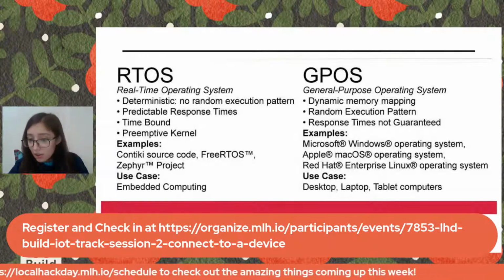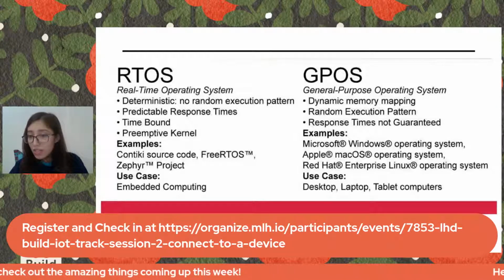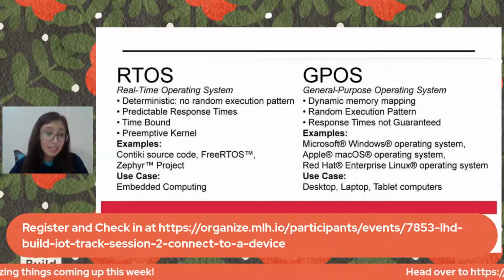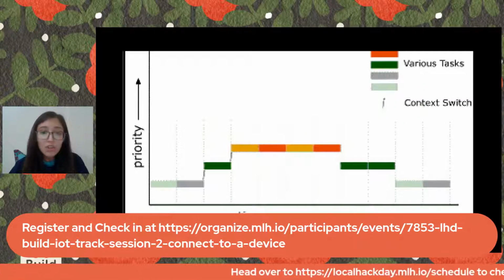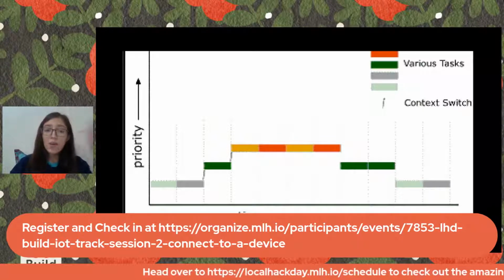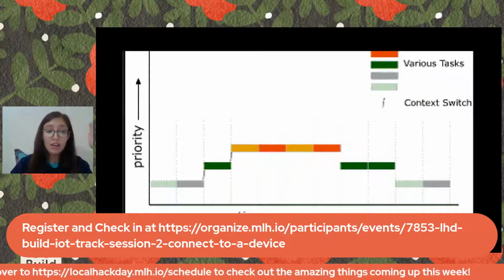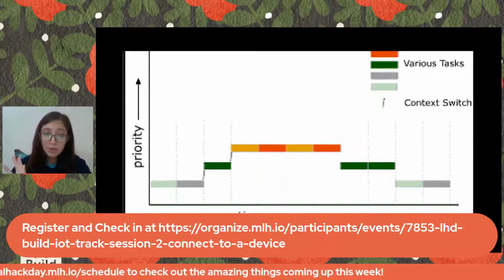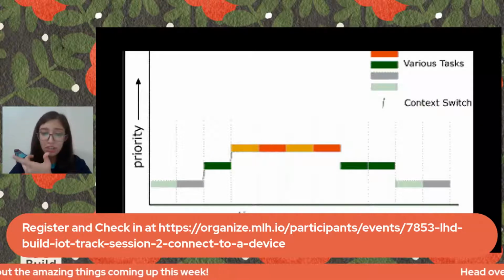Okay, so no questions for RTOS versus GPOS. That's great. So this is basically a chart I wanted you to have a look at. It's a priority chart. This doesn't happen in a GPOS per se. This is very much an RTOS feature.